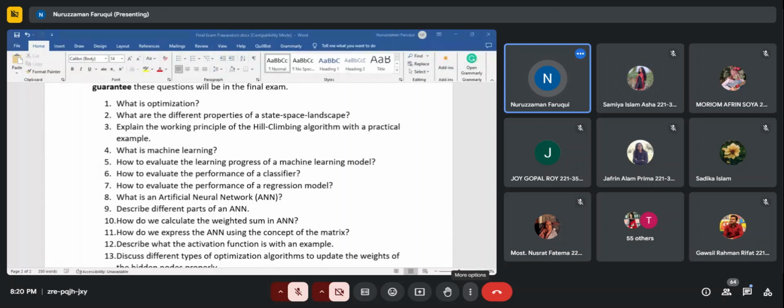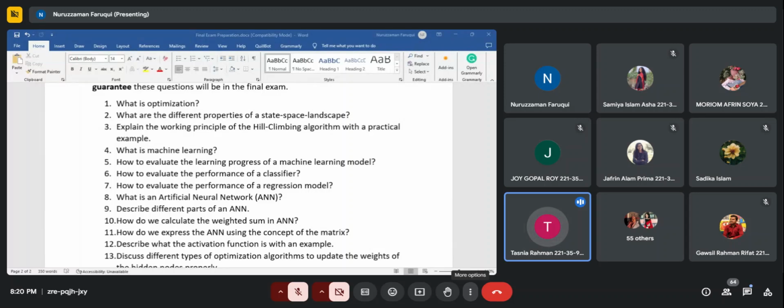Any other new question? Sir, from the artificial neural network part, will we have to draw diagrams? What kind of question might come this time, if you could tell us a bit? The question will be like questions, as I always say. Based on the question, you may need to draw diagrams. It depends on the question. And what type of question will be there, I cannot disclose that.